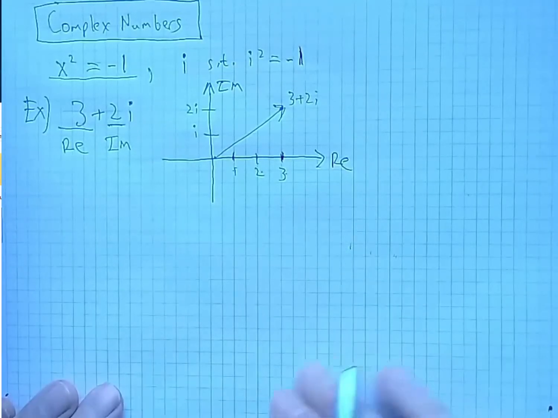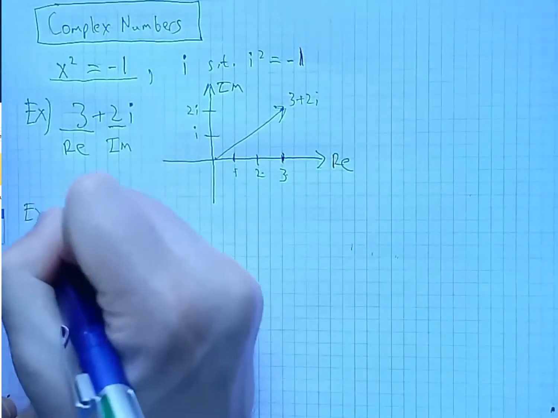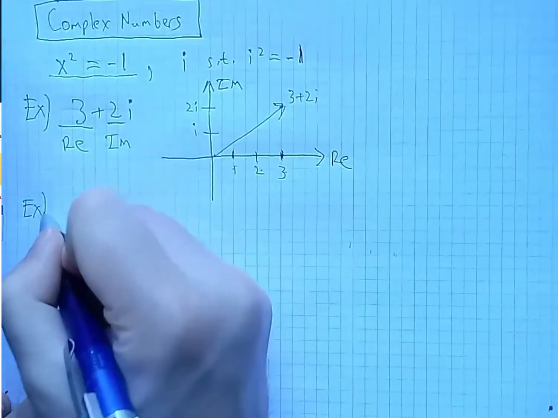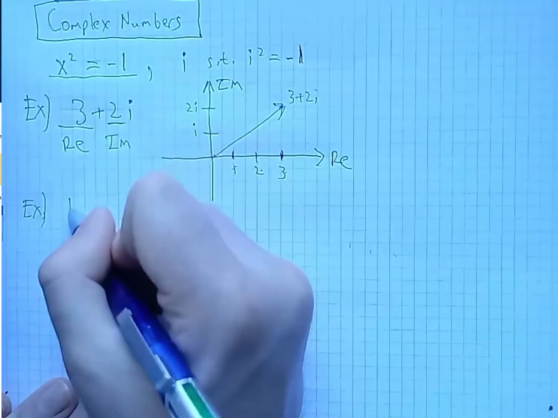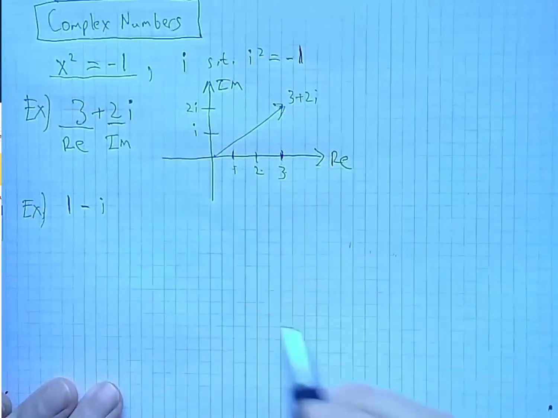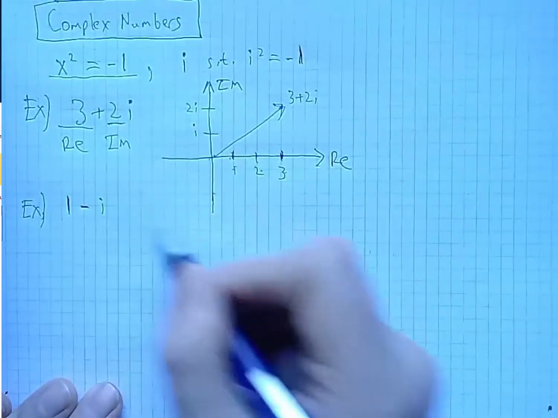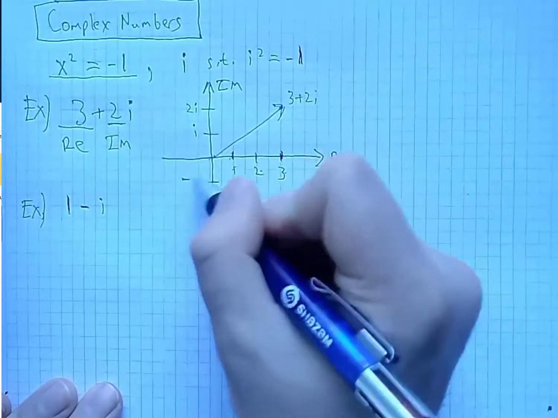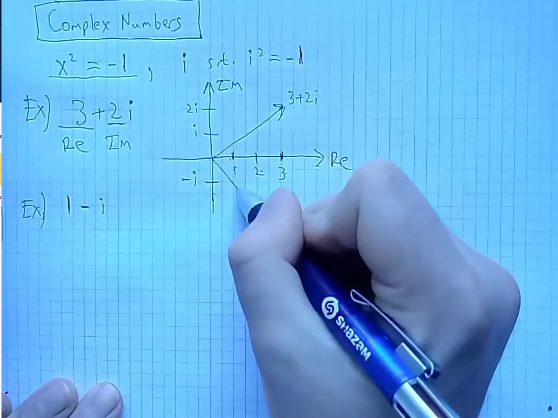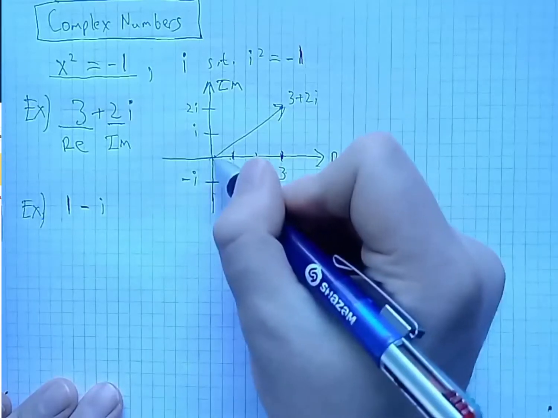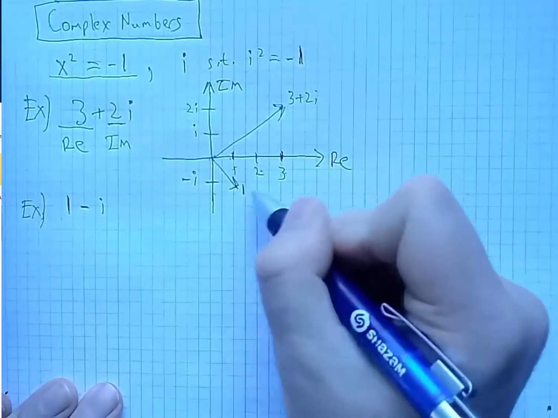So just for some more examples, I can also have something like 1 minus i. And that'll be this vector. So I go 1 over in the real, but then I have a -1 as my factor in front of i. So that'll be this vector here. So this is 1 minus i.